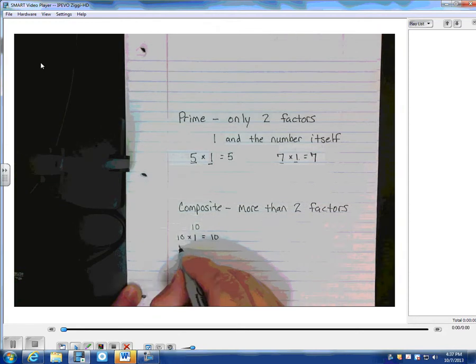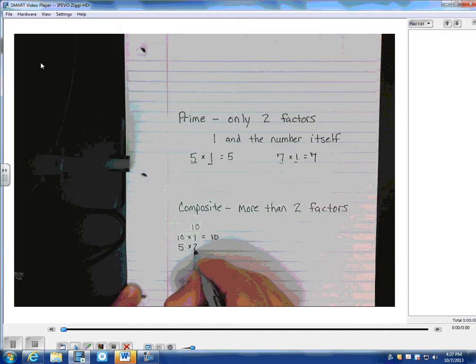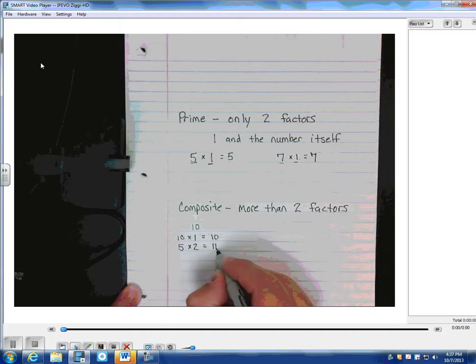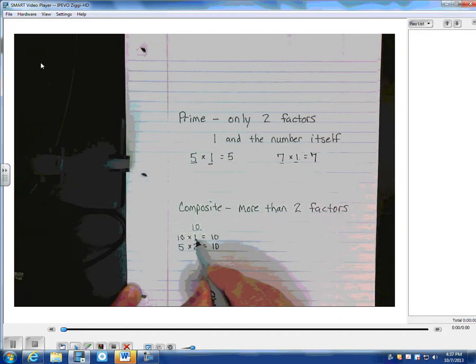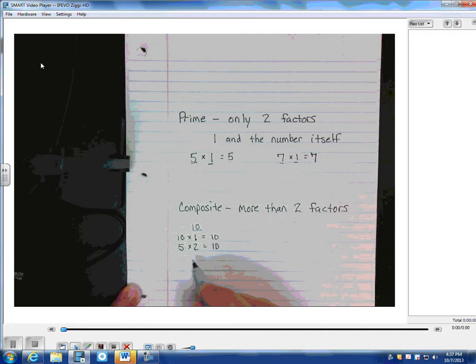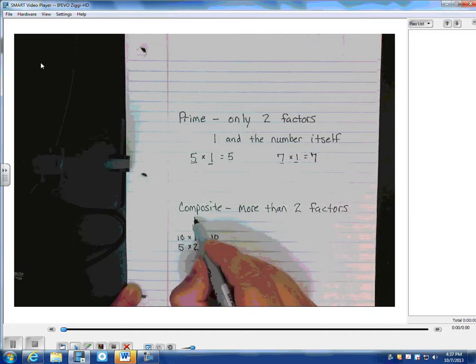And I can multiply 5 times 2. That gives me 10. Okay, I can't multiply anything by 3. I can't multiply anything by 4. And then I've already used 5 here. So the number 10 has 1, 2, 3, 4 factors. So that makes it composite.